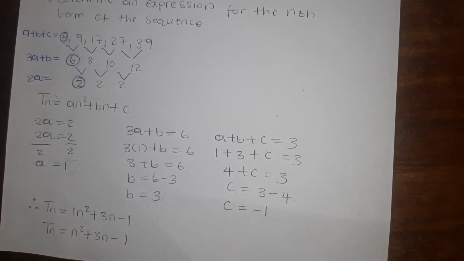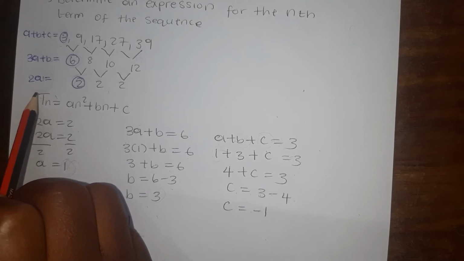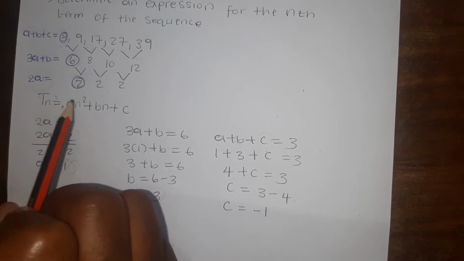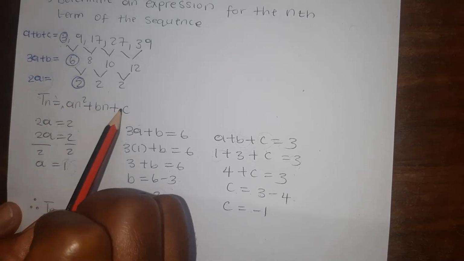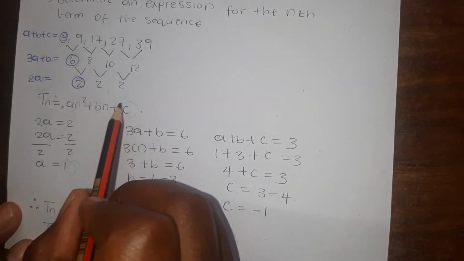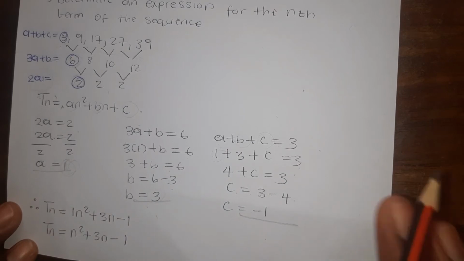So, the question said we should determine an expression for the nth term. We know that the general formula for our quadratic sequence is Tn is equal to an squared plus bn plus c. Where we see a, b, and c, we replace them by the values that we calculated.